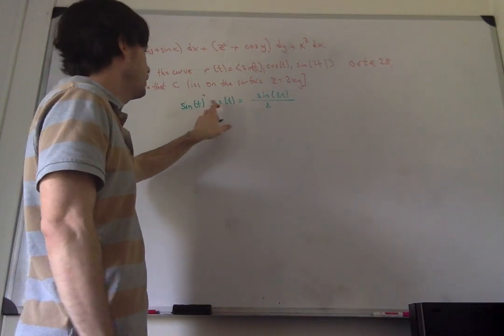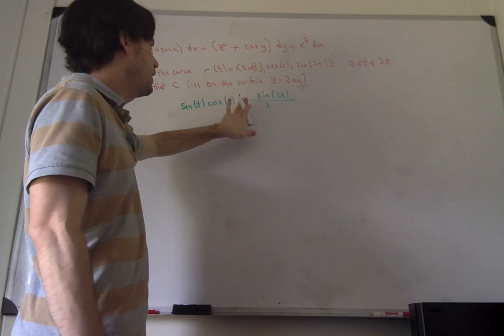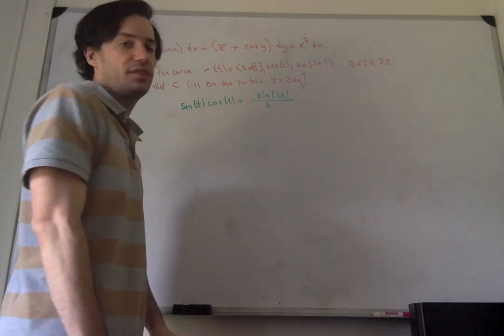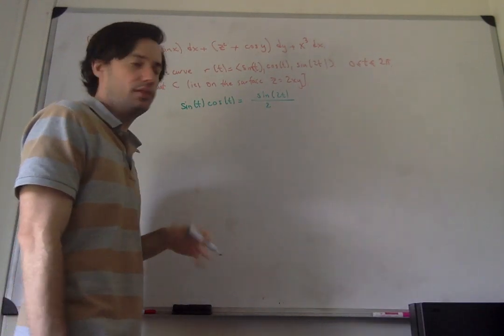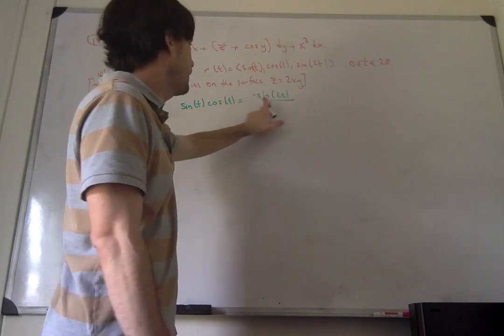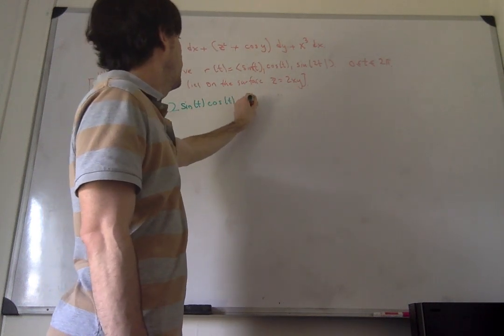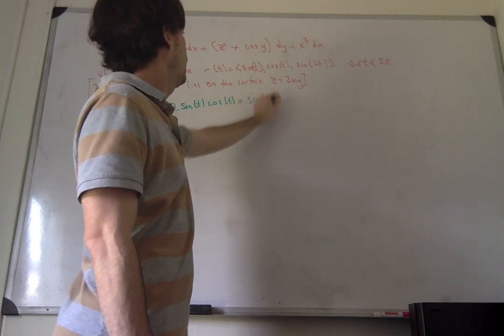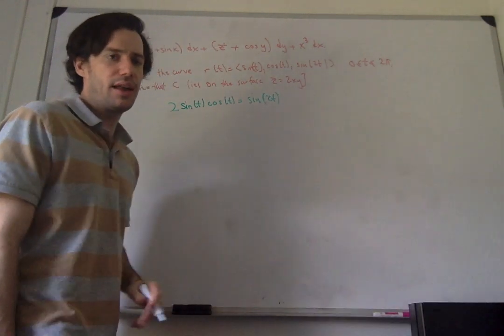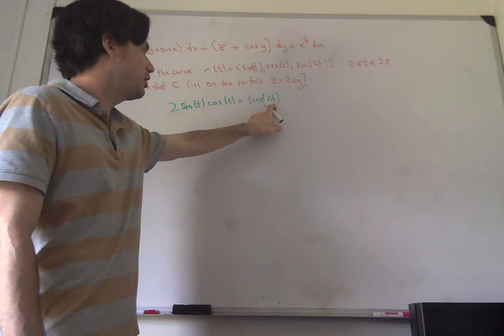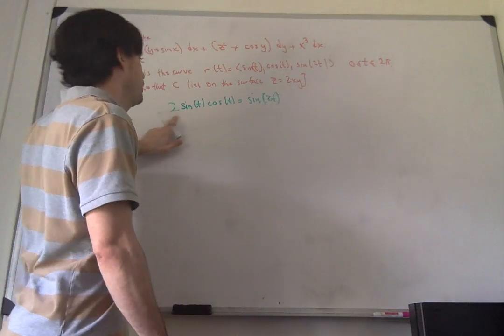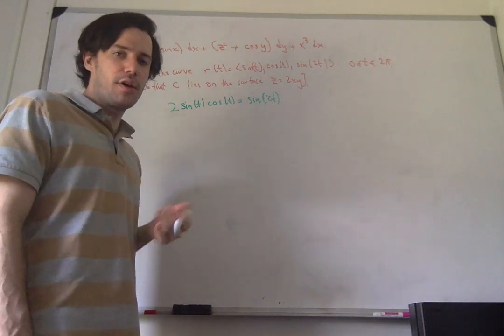So sine of t, cosine of t equals 1/2 sine 2t, right? You may also see it like this, where you put the 2 in the front. And so a way to remember that is that if you have a sine of 2t, you can just push the 2 out, and then when you do that, you also pick up a cosine.